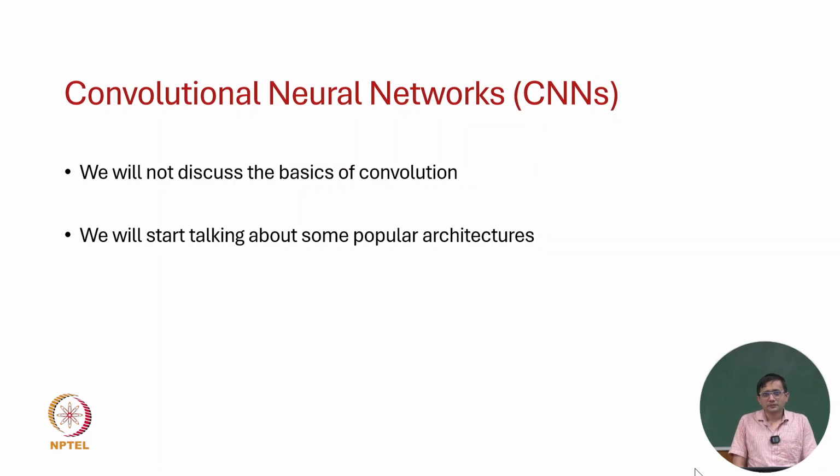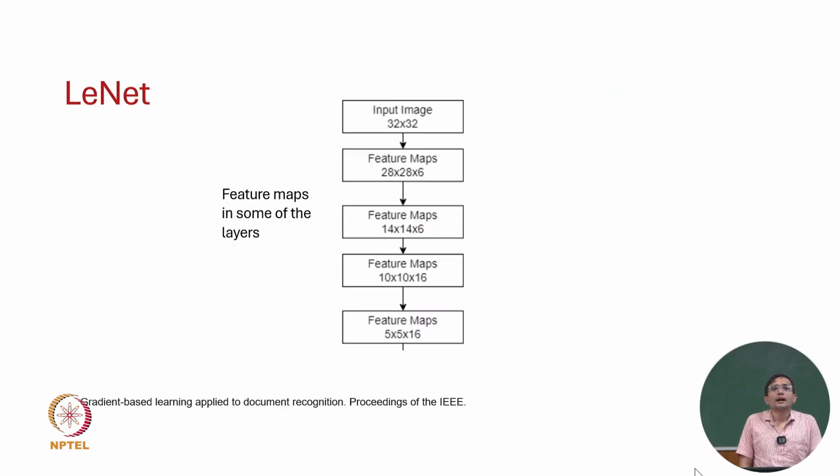We will start talking about some popular architectures in the context of CNNs. The first architecture we talk about is LeNet or LeNet 5, which was proposed around 1998 in the context of, let's say, 32 cross 32 image classification.